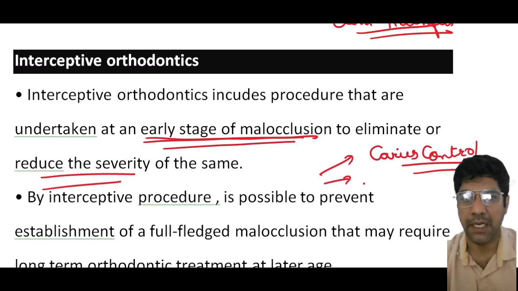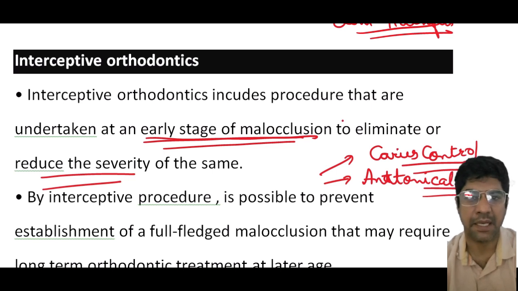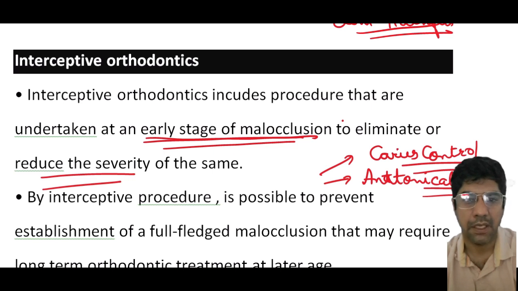Second is anatomical dental restorations: restoring the anatomical structure of teeth through procedures such as fillings and crowns to ensure proper alignment and function. Transitory oral habits: addressing habits like thumb sucking or tongue thrusting, which can contribute to malocclusion.